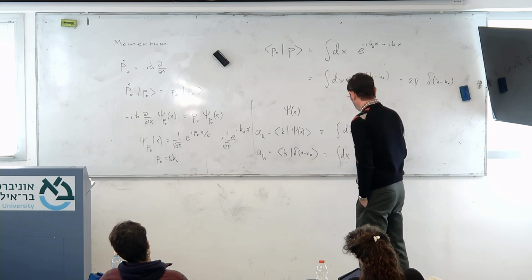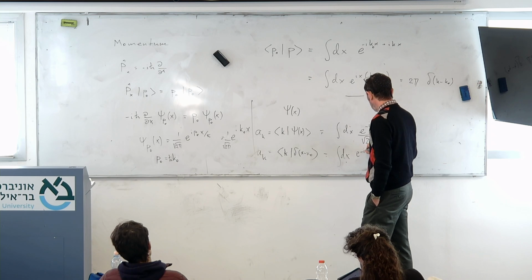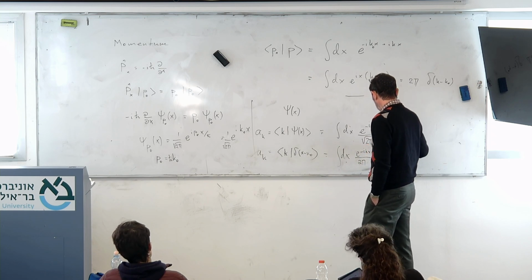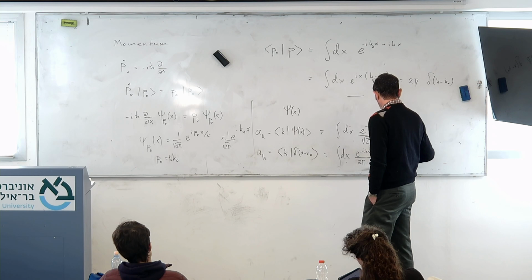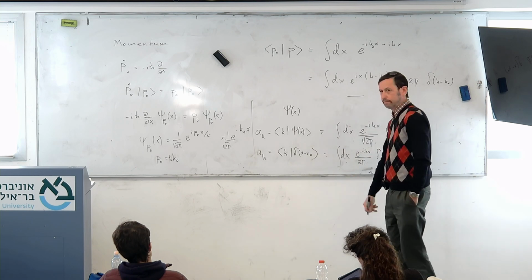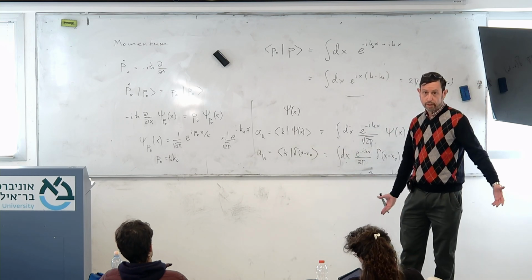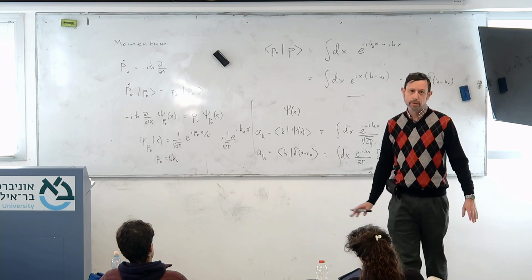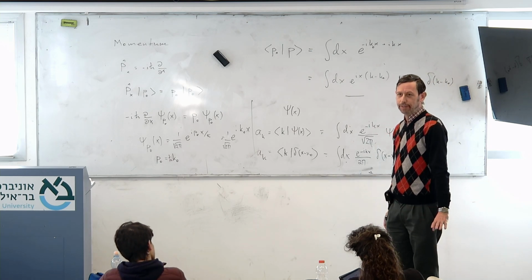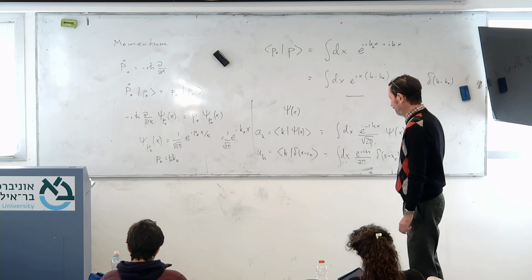The integral of dx e to the power minus i k x over 2 pi, and as we know, integrals with delta functions are the easiest in the world.